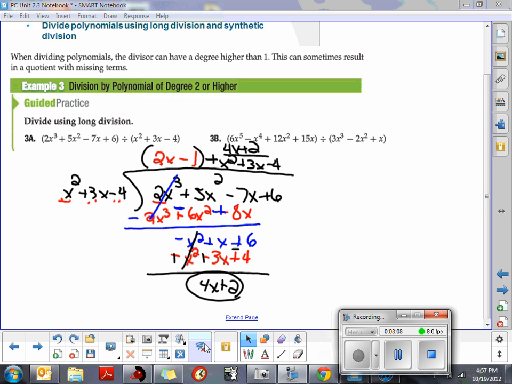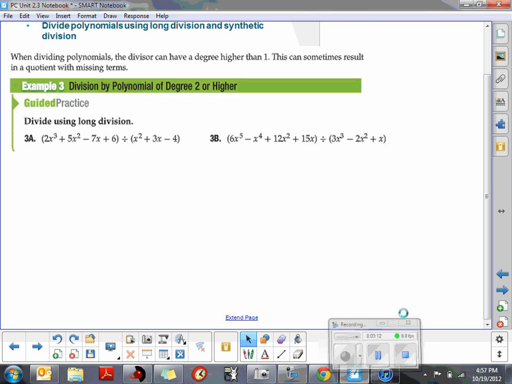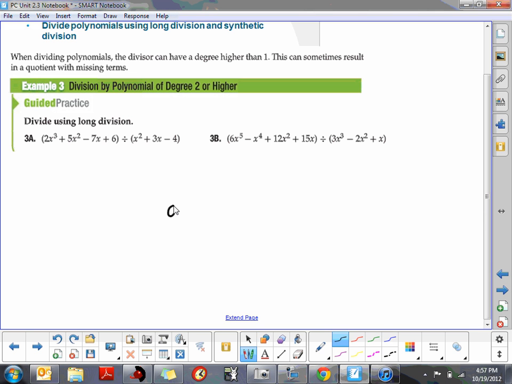Okay, now in our second example, this is the one where we're going to have to make a little modification to our process. We have a 6x to the 5th. We have minus x to the 4th. There's no x cubed term in here, so it's almost like leaving a placeholder in division when we have whole numbers or integers, so we're going to put plus 0x cubed. All we're doing is holding a place value.